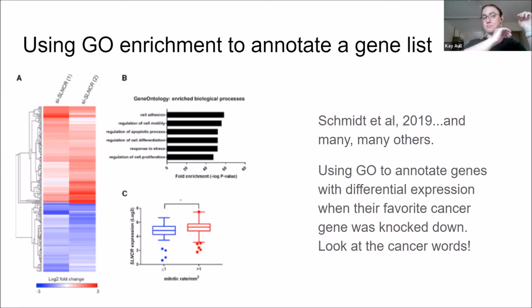What processes are more likely to show up in that gene list, just over chance, and you'll get these sort of cancer-looking words. Ooh, cell motility, apoptosis, and you say, oh, hey, this really is my favorite gene. Really is the cancer gene.